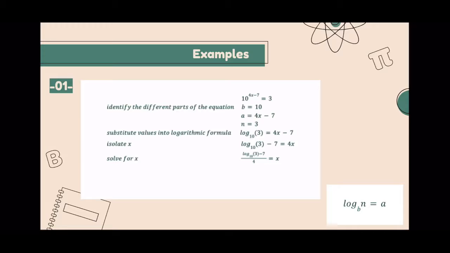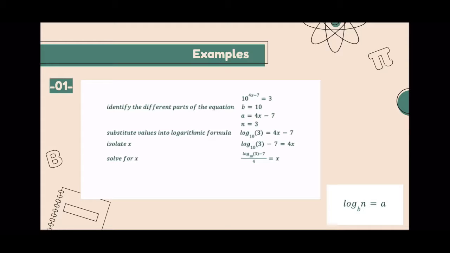Because this is an exponential equation, you can see that b is 10, a is 4x minus 7, and n is 3. The logarithmic formula is provided on the bottom to help you further solve. Once you have identified all the values and their corresponding variables, you can substitute the values into the logarithmic formula, which will be log base 10 of 3 is equal to 4x minus 7.